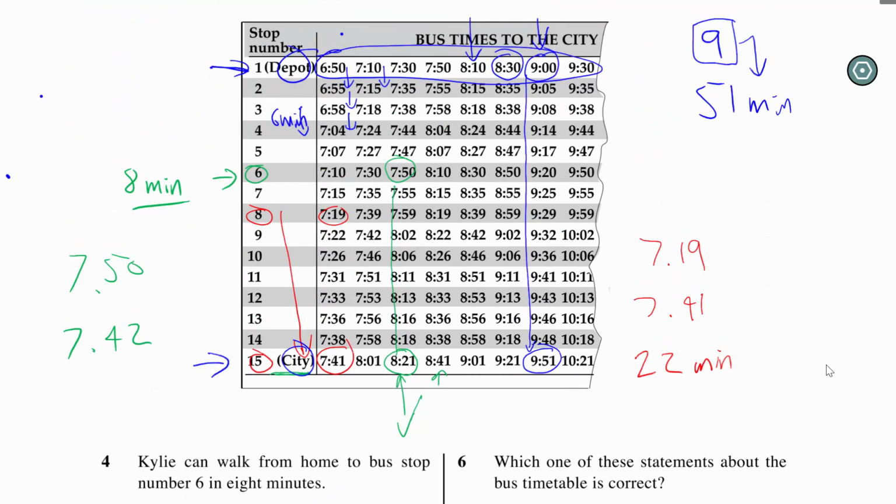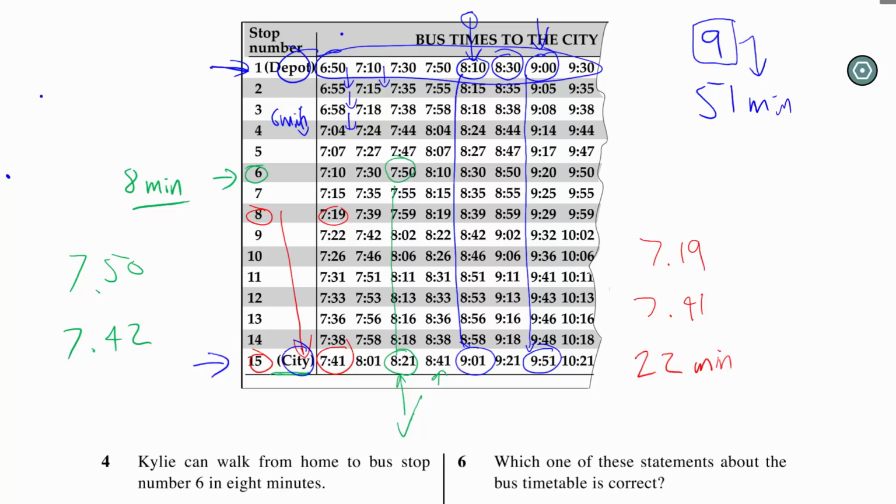If I choose 8:10, which is what we're going to do now, it should take 41 minutes if we calculate it. So let's do that. If it's 8:10 when it leaves the depot, when it arrives at the city, it is now 9:01. So it arrives at 9:01.